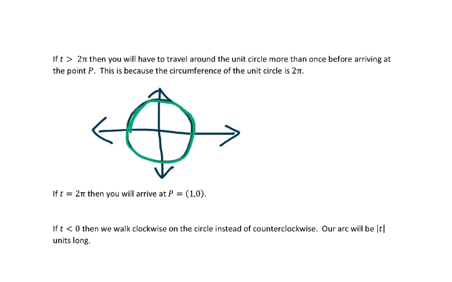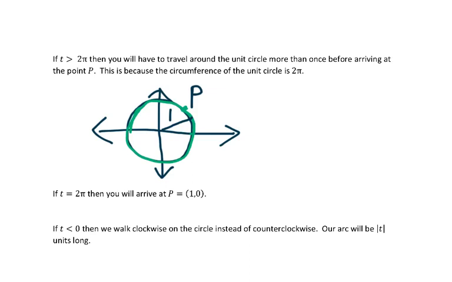You're still going to end up at a point P. Of course, what that point is depends on what T is. But you're going to traverse the entire unit circle at least once. And that's because the circumference is 2 pi. Remember, the circumference of a circle of radius r is 2 pi r. So for the unit circle, it's 2 pi. If T happens to equal 2 pi, well, then you're going to end up at (1, 0), the point where you started, basically.